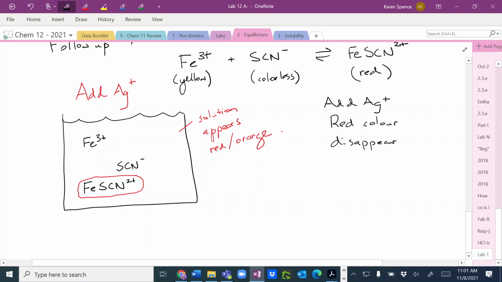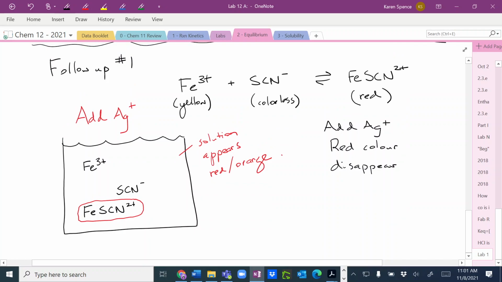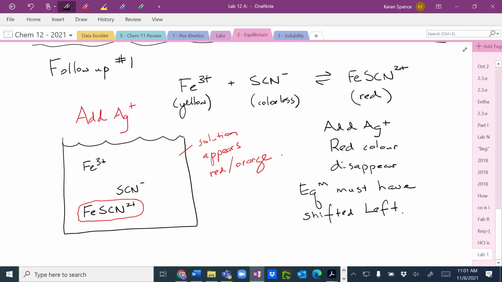What must have happened to our equilibrium? It must have shifted left. We are also told that a white precipitate of silver thiocyanate appears.